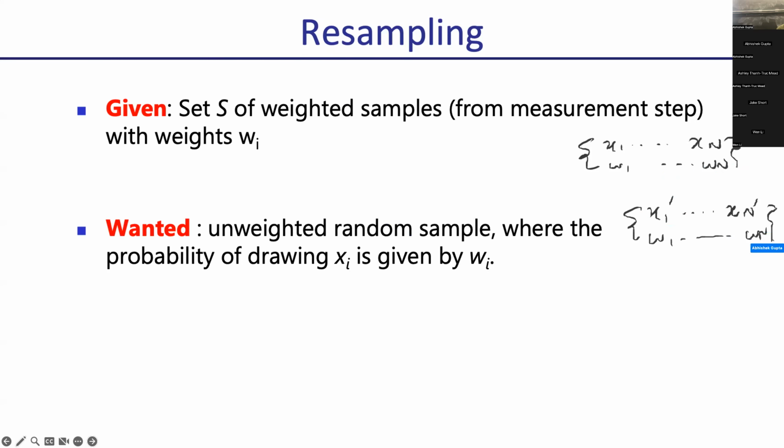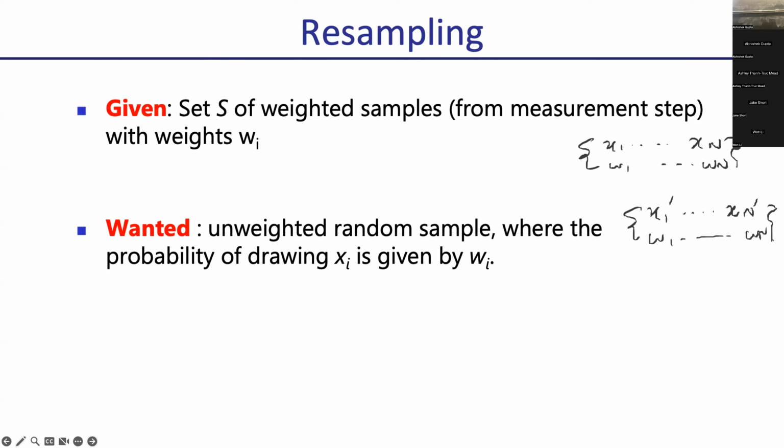And so what resampling says is, given a distribution of non-uniform weights, how do we generate a set of unweighted particles that represents the same thing? What I said earlier was that a probability distribution can either be defined by the weights or by the number of particles in the region. So for regions that have high weight, you replace it by more particles in that region.